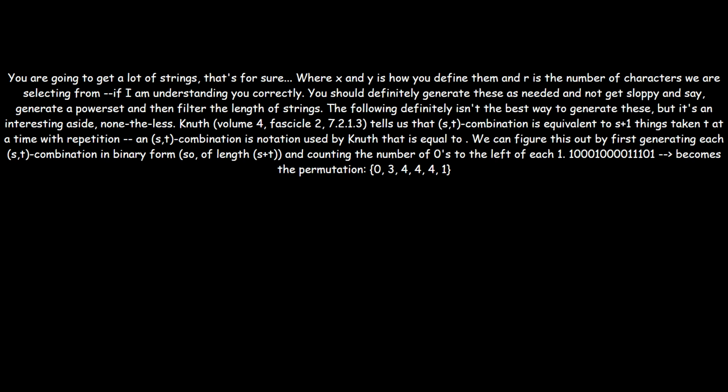We can figure this out by first generating each s,t-combination in binary form, so of length s plus t, and counting the number of zeros to the left of each one. For example, 1000101110 becomes the permutation 0, 3, 4, 4, 4, 1.